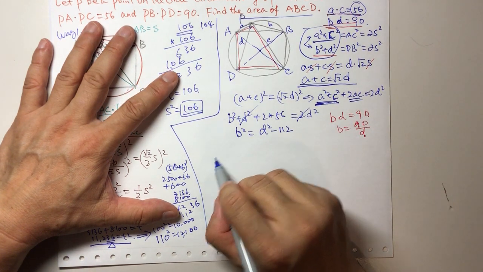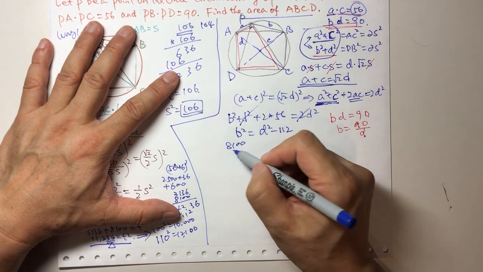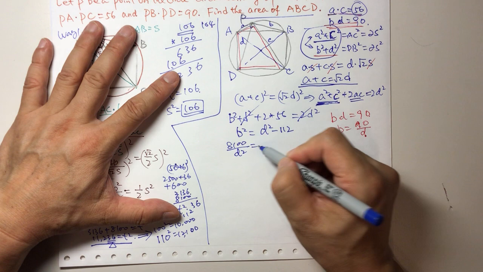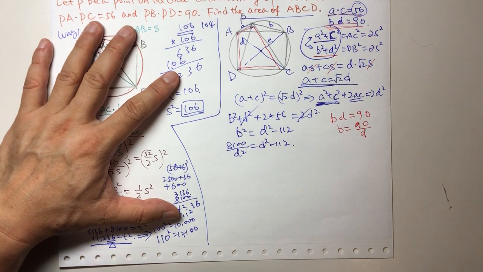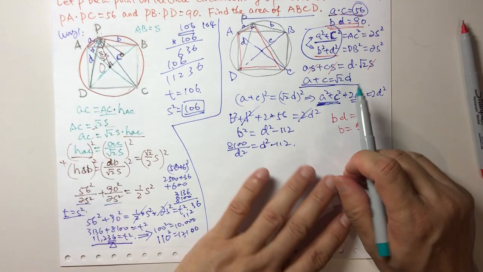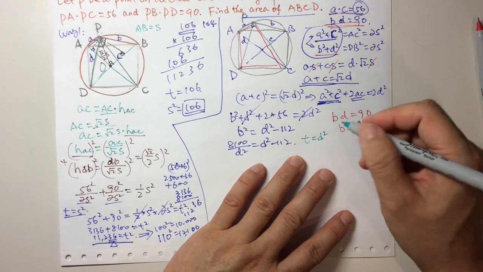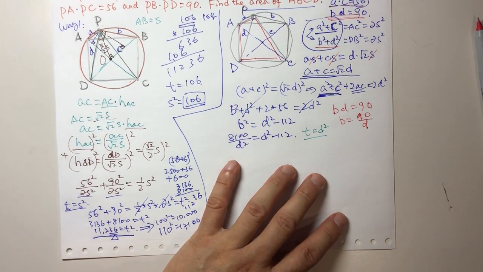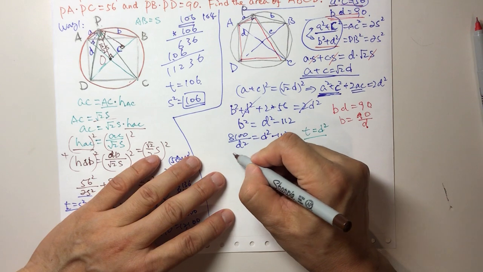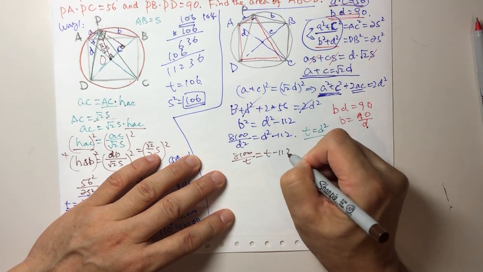So B squared will be 8100 over D squared, equals D squared minus 112. Let's use t to substitute D squared, then it becomes 8100 over t equals t minus 112.